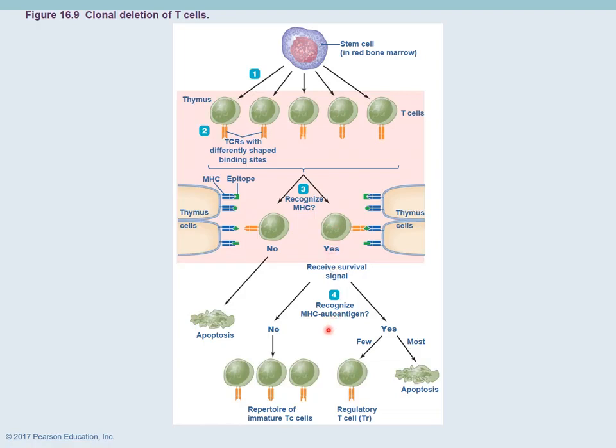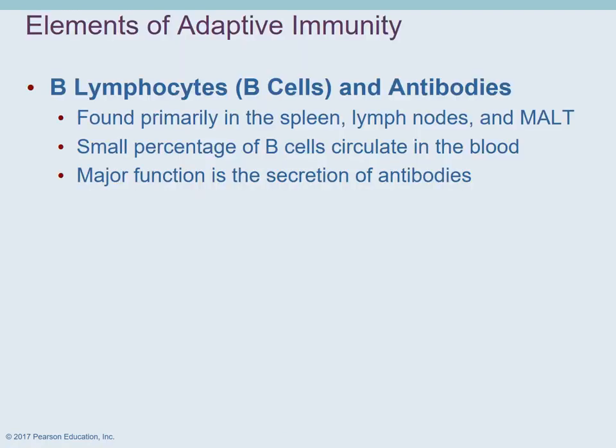Do you recognize this as something foreign? If yes, boom, it's going to die. Of the remaining few, some will become the immature cytotoxic T cells, and some become the regulatory ones. So there's a whole process to make sure it doesn't get out of hand.